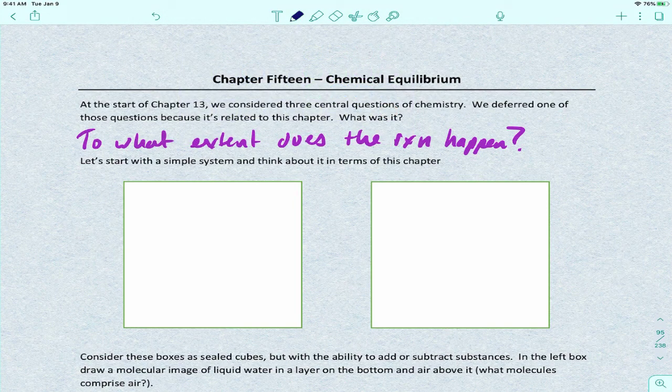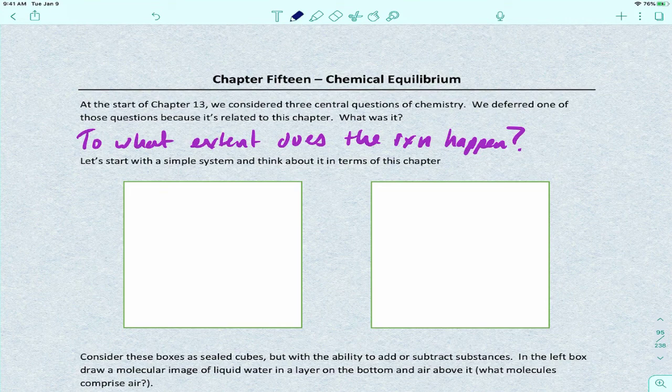How do we know? So up to this point, we've taken a look at a chemical reaction and we've assumed that it goes all the way to completion. So now what we're going to do is open up that can of worms. Do reactions go to completion?